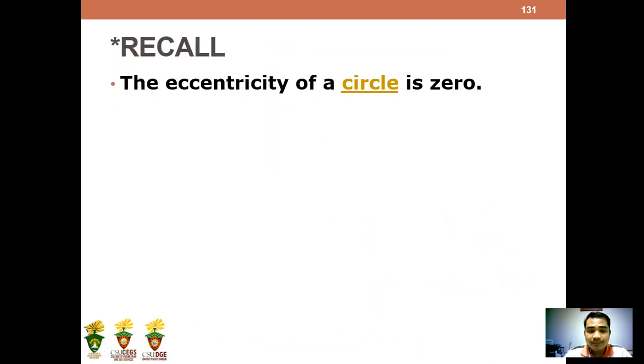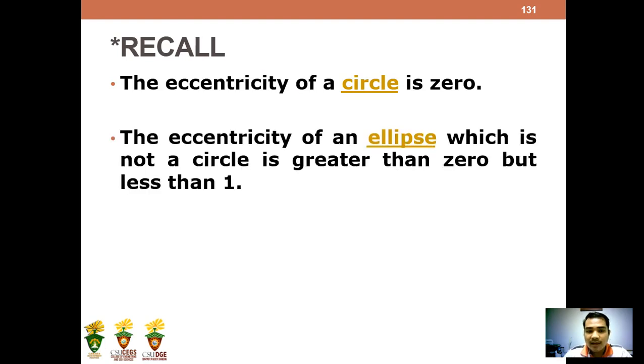Let's recall from your mathematics that the eccentricity of a circle is 0. An ellipse, which is not a circle, has an eccentricity greater than 0 but less than 1. So the eccentricity of an ellipse is from 0 to 1.